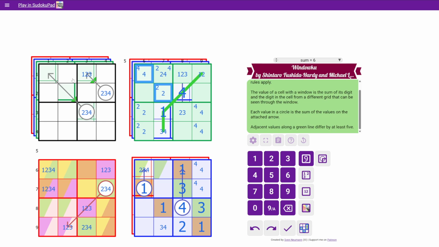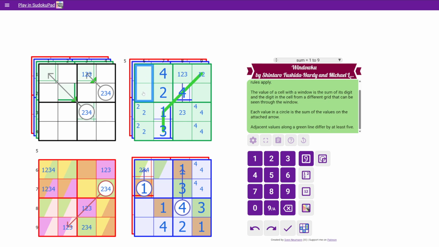So it could be 5, 6, 7, 8 at minimum, and we can't even make 8 now. So this cannot be a 4. This is a 4. This is a 3. And it has to be at least 7. So this is a 4, to make its value a 7. This is now a 2.